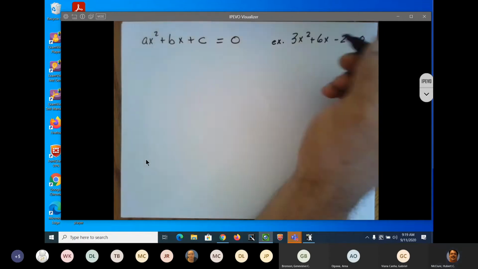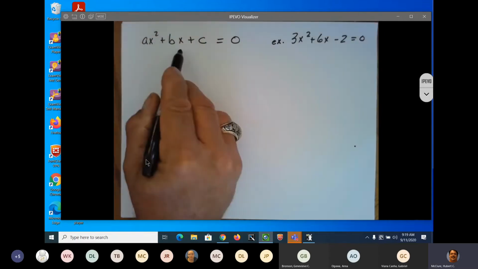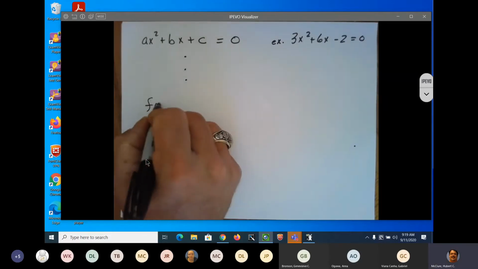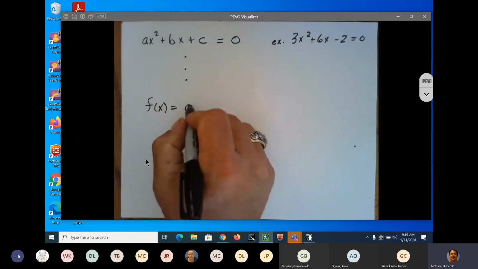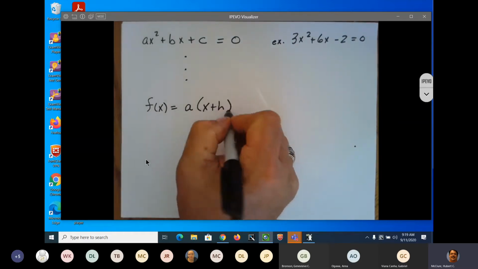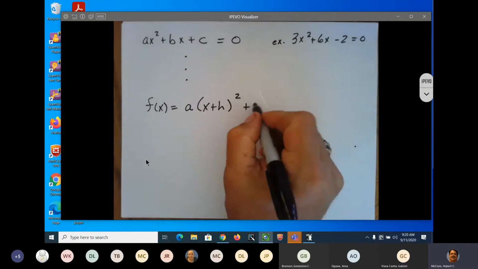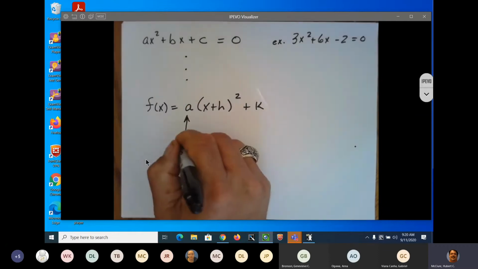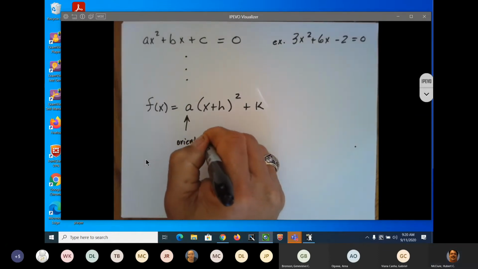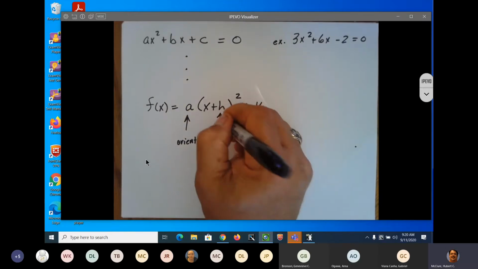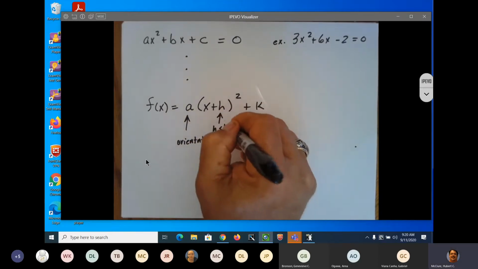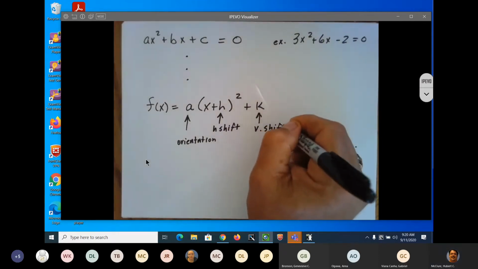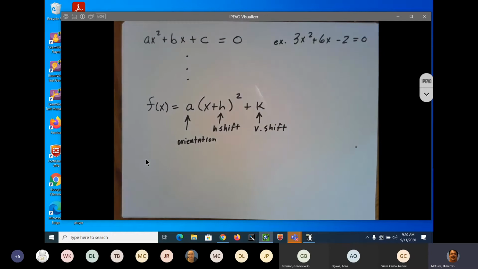Your goal is to change this form into f of x is equal to a times x plus h, quantity squared, plus k. That's your goal. Because now you have orientation, you have a horizontal shift, and you have a vertical shift, which we went over in the chapter 2 material.